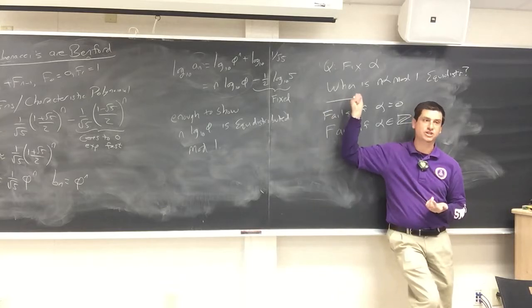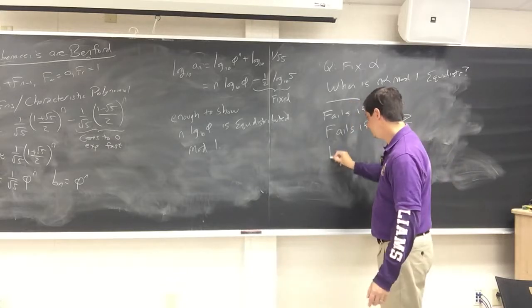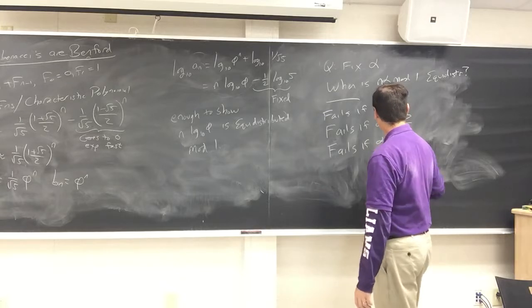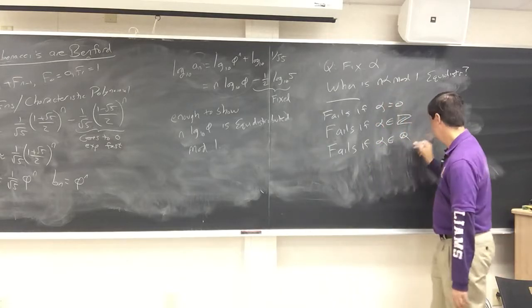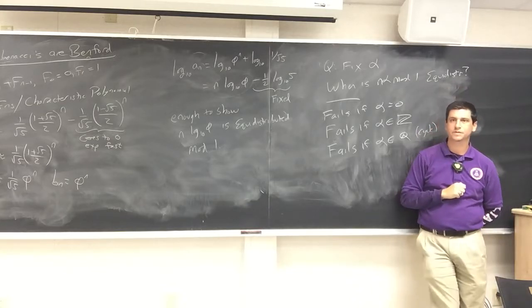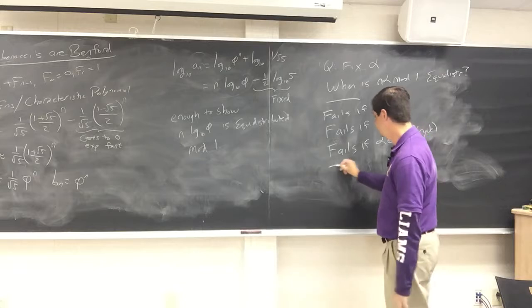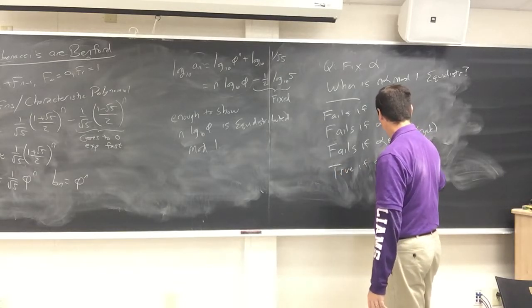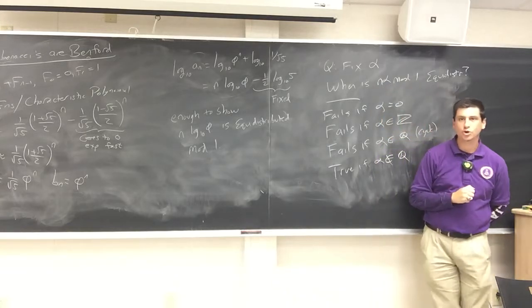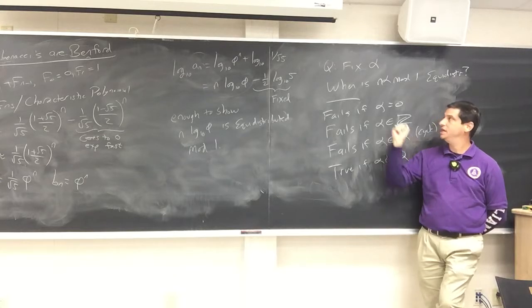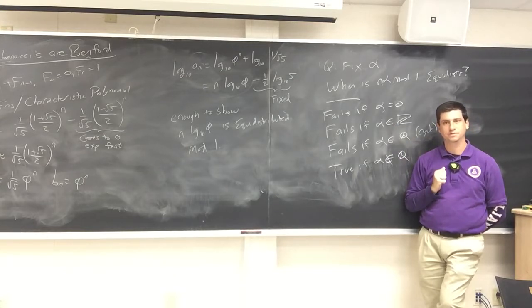So if you take a rational, it cycles. It fails if alpha is rational. We cycle. It's true if alpha is irrational. So all we need is alpha to be irrational. And if alpha is irrational, then n alpha mod 1 is equidistributed.